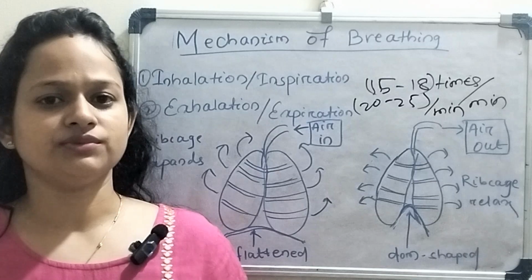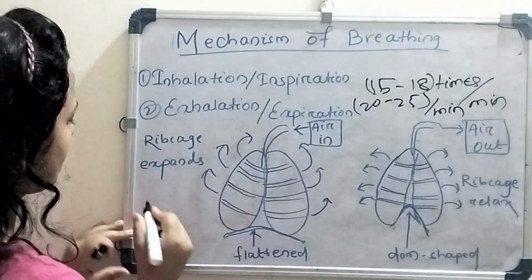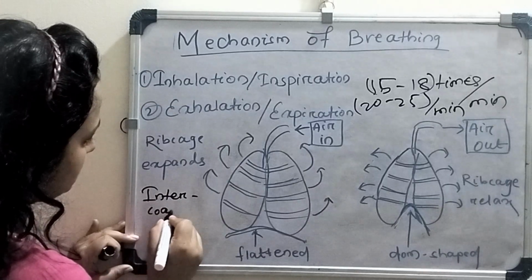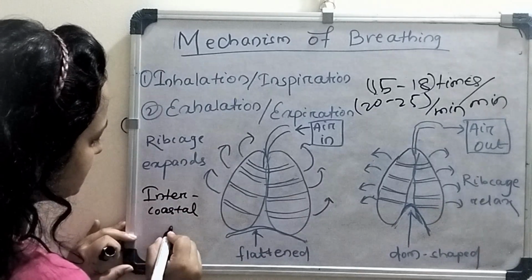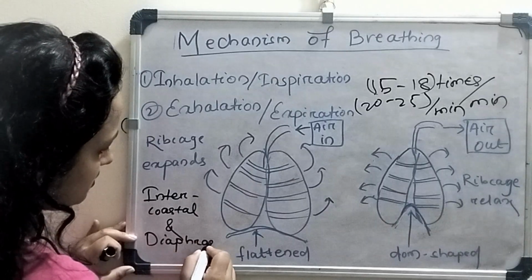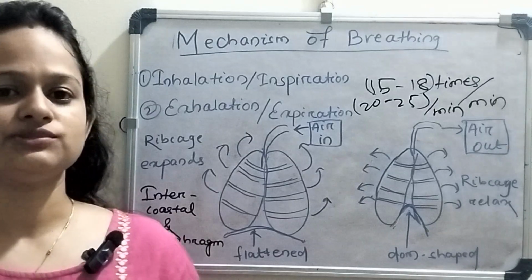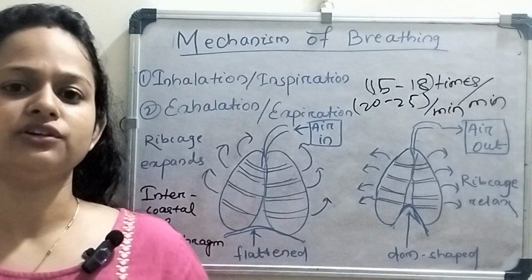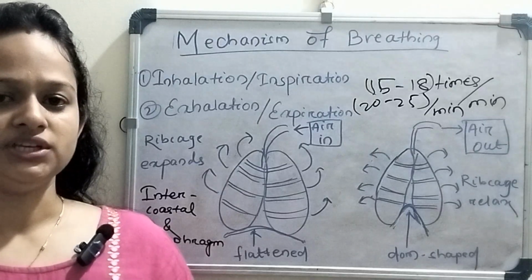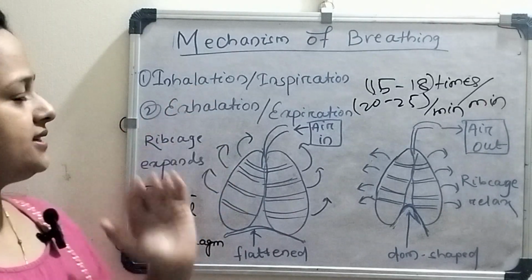And this occurs by two types of muscles: intercostal muscle and diaphragm muscle. These two types of muscle help in the expansion and contraction of the thoracic cavity. So the mechanism of breathing depends upon two steps: inhalation and exhalation.